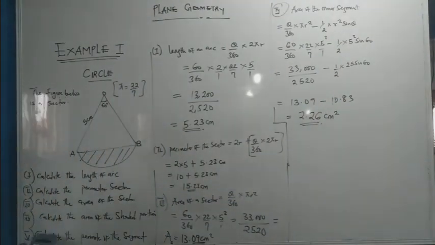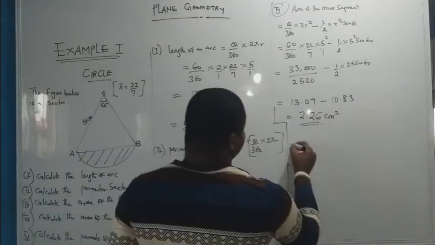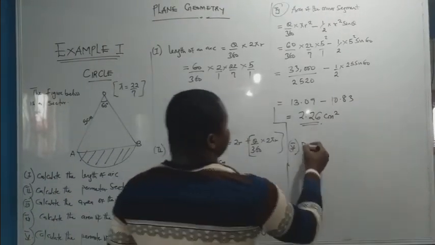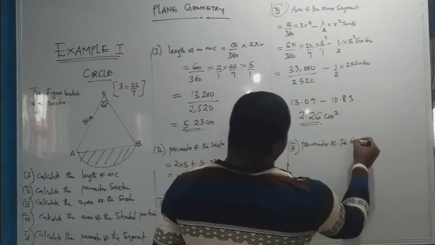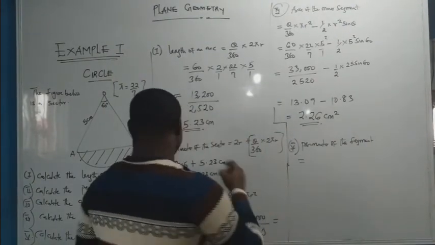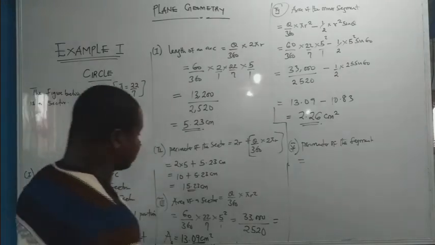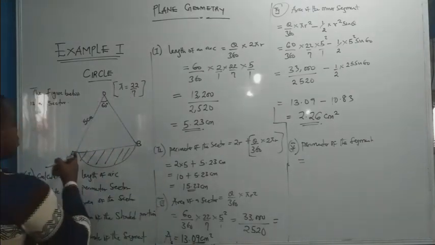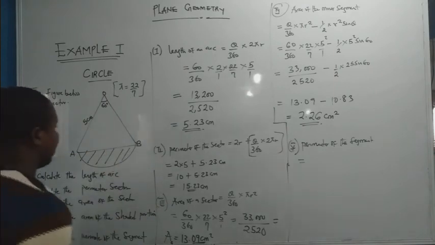The last one says calculate the perimeter of the segment. So the perimeter of the segment is equal to the length of a chord plus the length of an arc.